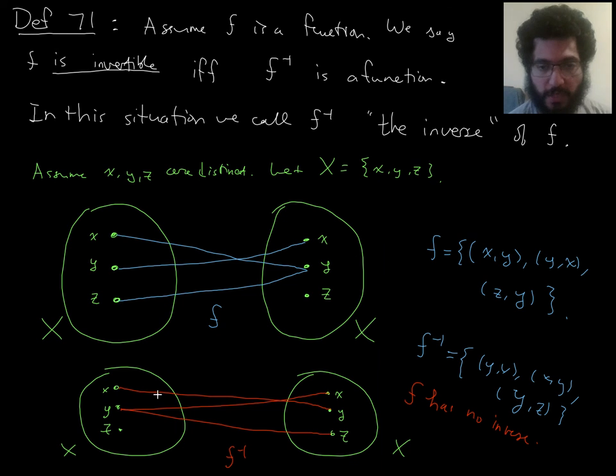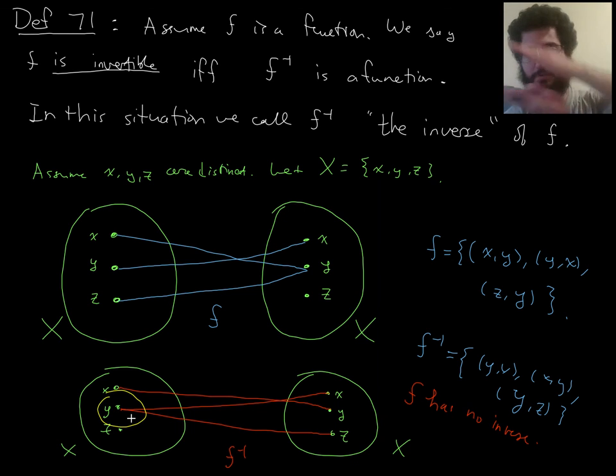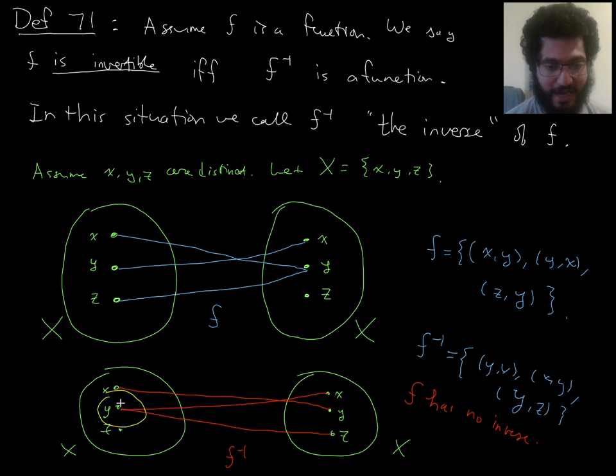So this is just one picture with one example, but it's very telling. What happened? Why is it that when we mirrored this picture and flipped it around horizontally, we ended up with something that's not a function? Well, the bad part about this picture is one dot with two things coming out of it on the left side, right? That makes it not a function.